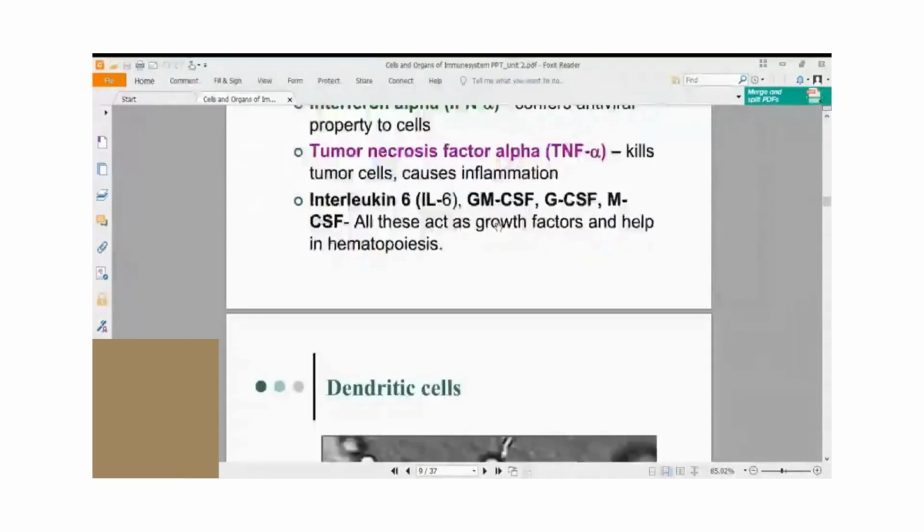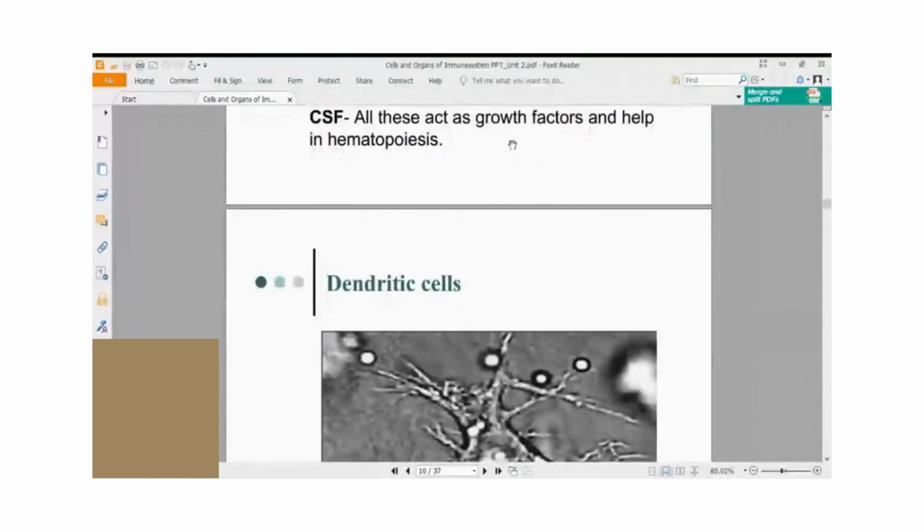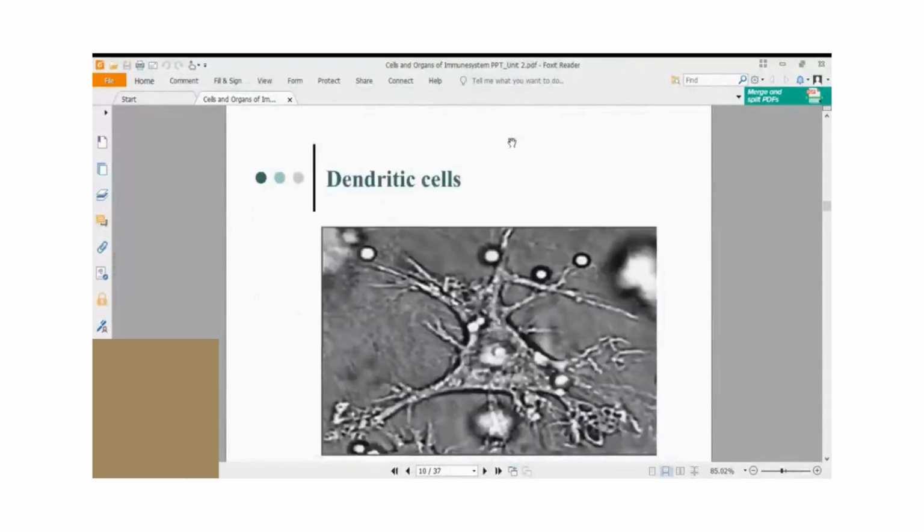Then comes another type of non-granular or agranular immune cells, and they are dendritic cells. They are not seen freely in the blood. They are present in almost all tissues, spread out.